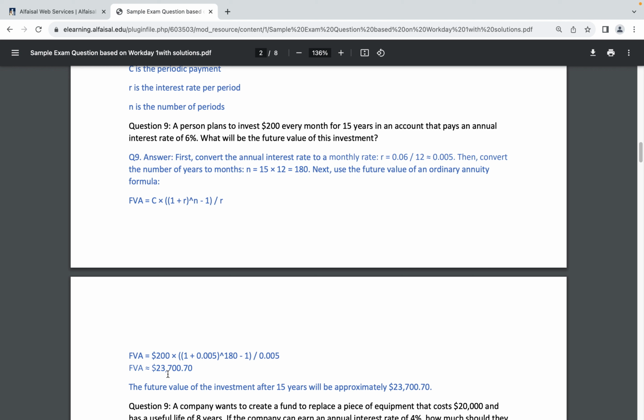Our future value annuity is $23,770. What that means is that if you have a savings scheme where you're putting money away, $200 every month for 15 years, that's the amount of money you'll have at the end of it.